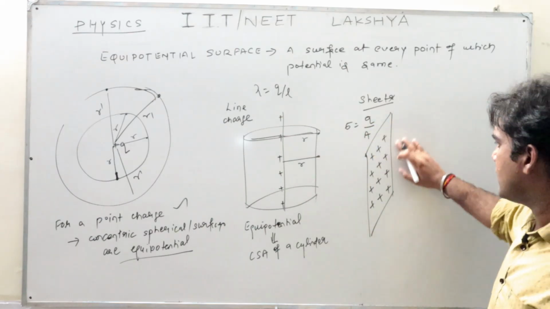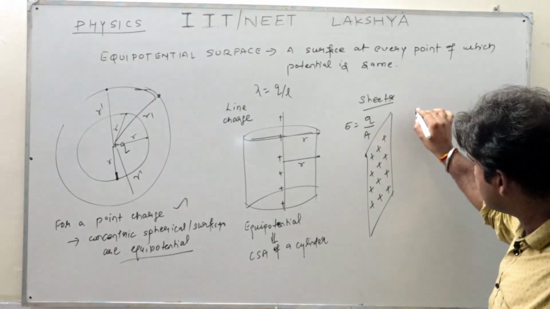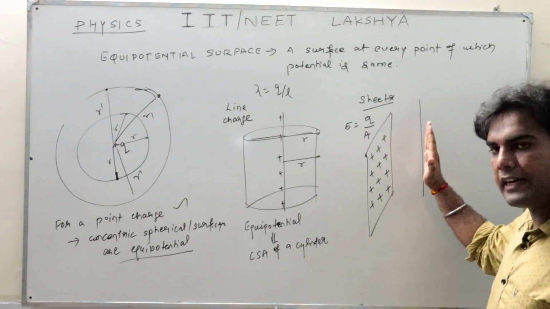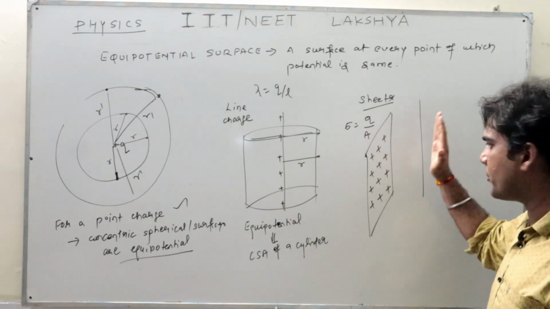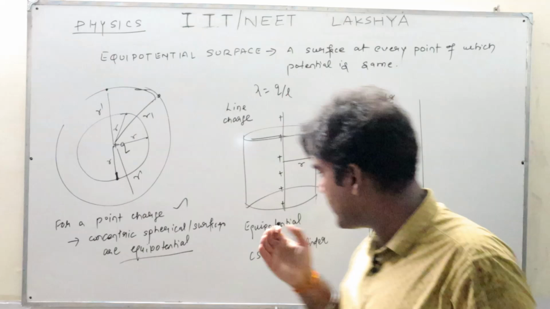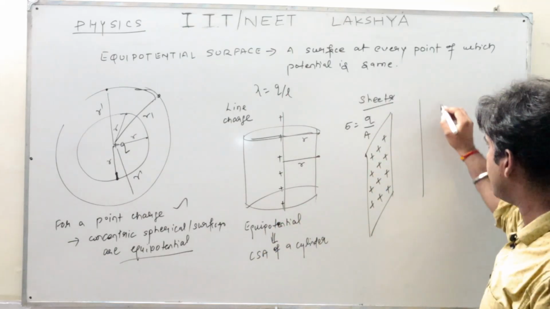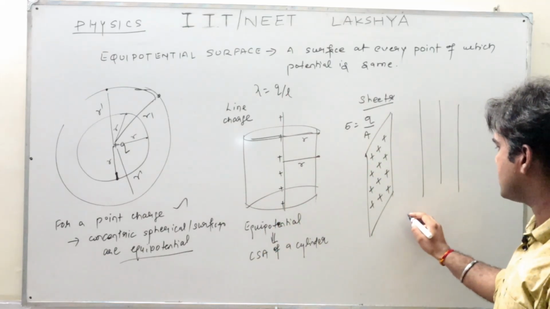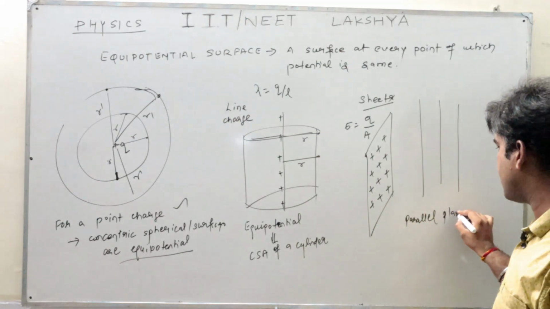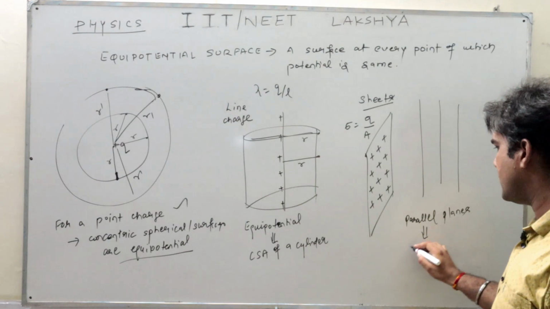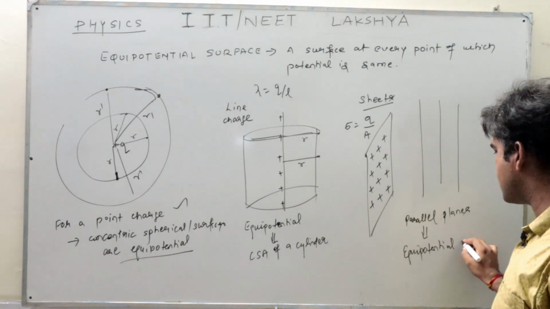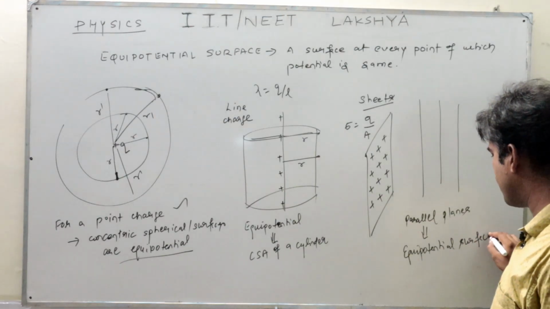Now if I take a plane here, then at that point, since the distance is the same, the potential will be the same, because the formula of potential is KQ by R. So here parallel planes are equipotential surfaces. So in case of a sheet, parallel planes are equipotential surfaces. That is the concept of equipotential surface.